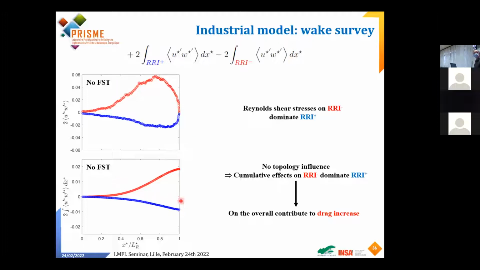Whereas this one, the blue one, the upper part is negative. So it will also decrease the pressure at the base. So on the overall, these two terms here increase the drag. So I still have the same type of mechanisms as previously, but here I lost the symmetry problem compared to the Ahmed body.